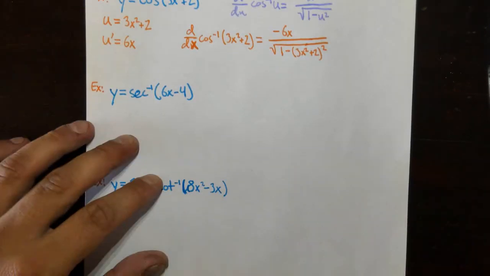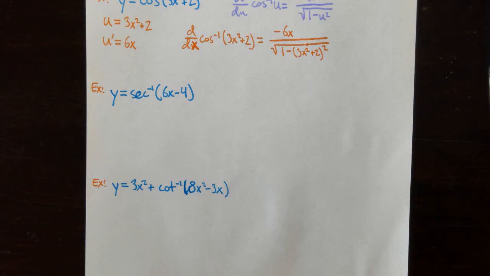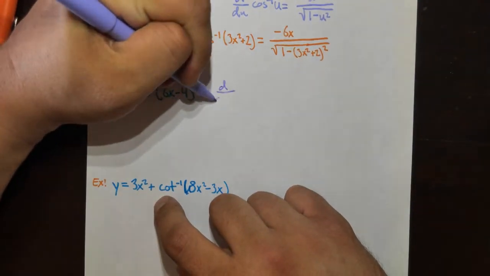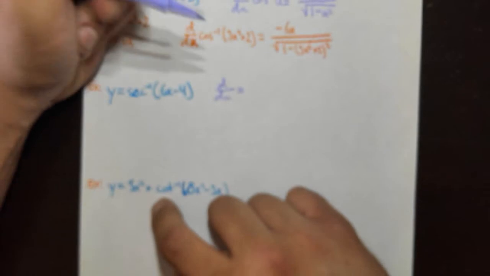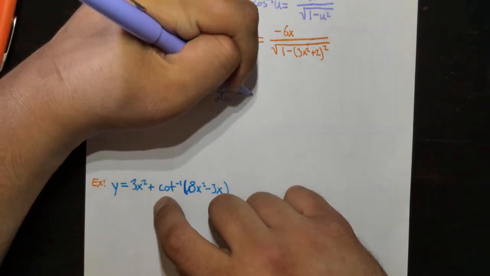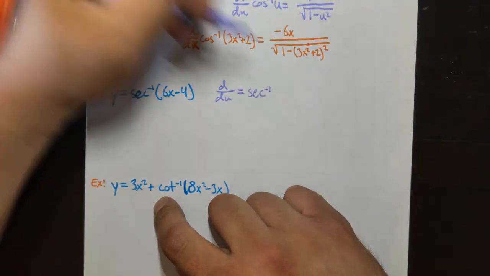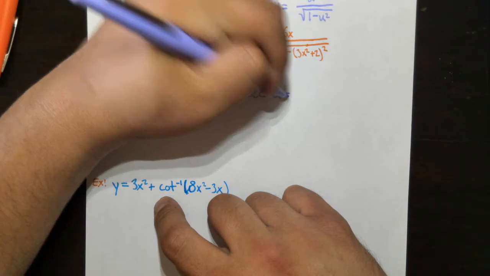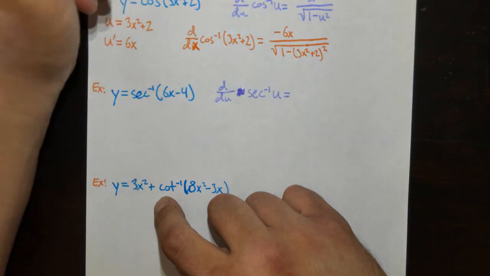Now let's talk about y equals arc secant of 6x minus 4. Again, I'll just write the formula here so we have it. So d du of arc secant of u, what was secant?